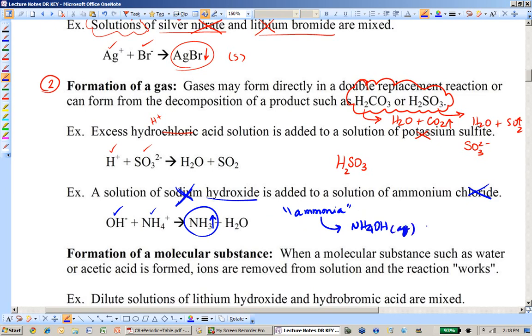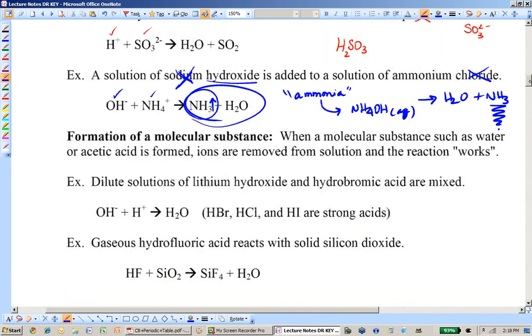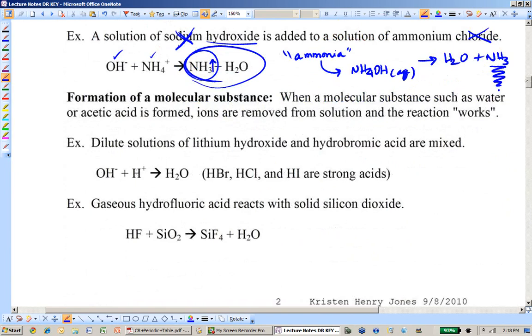And if you've ever been around when the bottle has been opened, you become painfully aware that it immediately decomposes into this. And that's why we write it this way. So stinky, stinky ammonia comes out of that bottle the minute you uncap it.